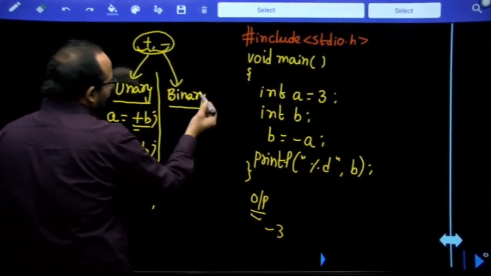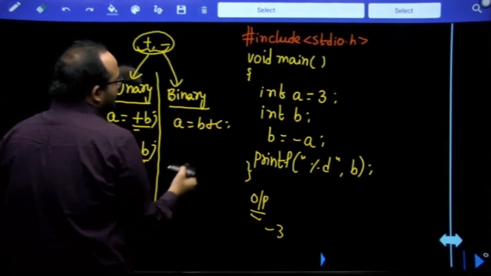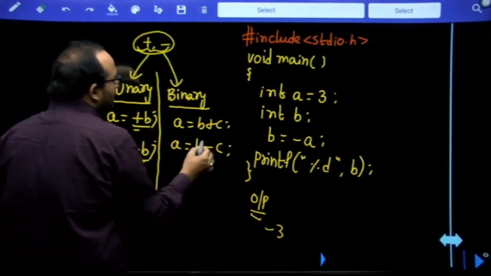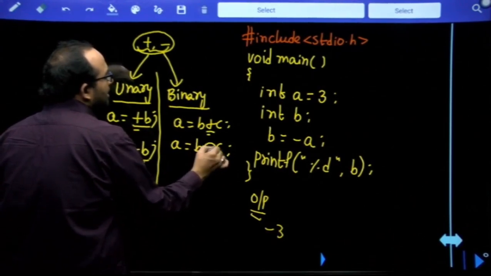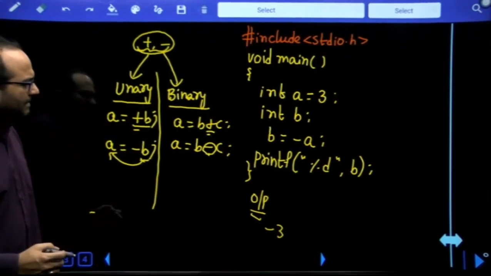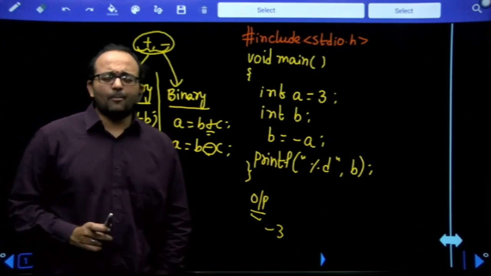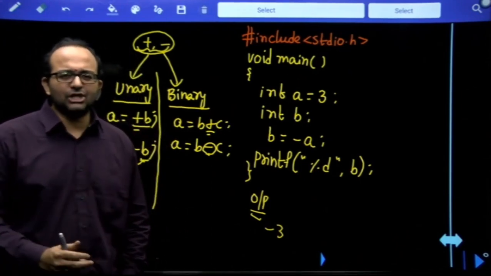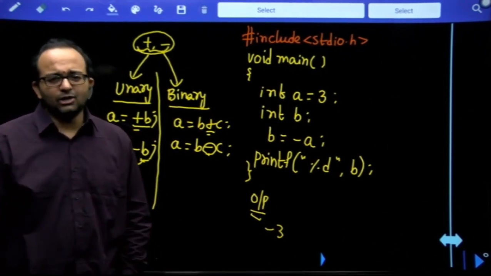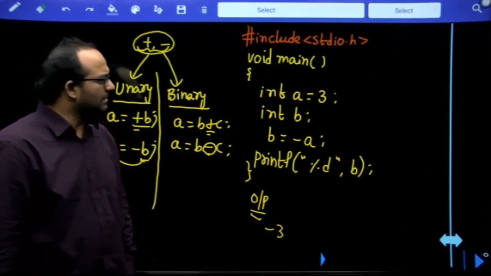If you are considering binary operation, the expression examples are a is equal to b plus c, and a is equal to b minus c, illustrating both addition and subtraction operations. Whereas operators like multiplication, division, and modulus are strictly binary operators, in the case of arithmetic operators. Okay, like this.